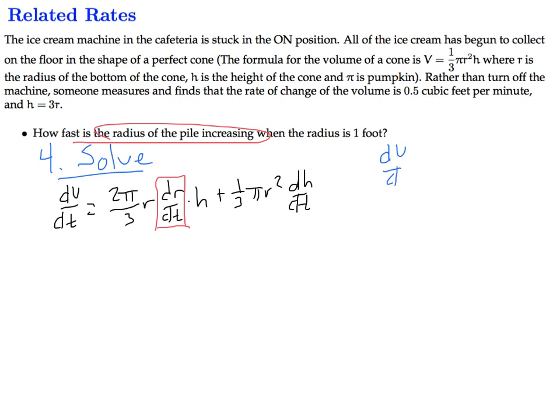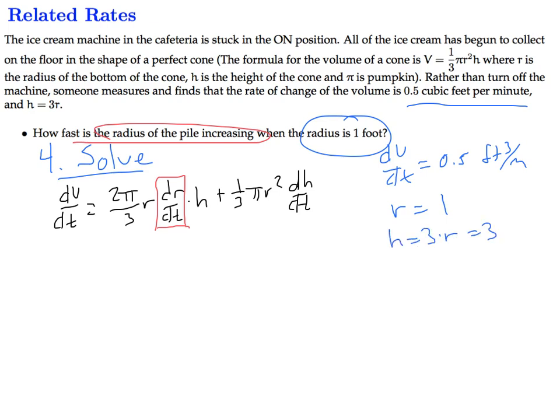We know that dV over dt is half a cubic foot per minute. This came from our problem. We know that we're interested when the radius is 1 foot, so r equals 1. We know that h is equal to 3 times r from the equation, so this will be 3 times 1, so h will be 3.